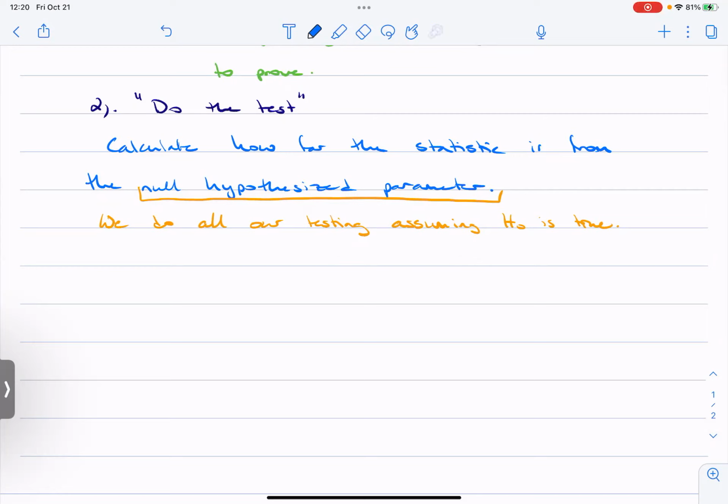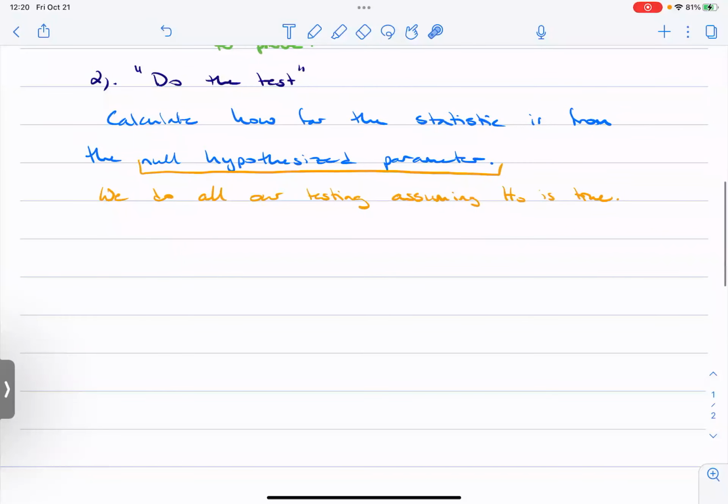So the reason I call it do the test is because when we do this, we're really calculating how far the statistic is from this null hypothesized parameter. So I'm going to generate what we call a test statistic. A Z-score is a test statistic that we can calculate, and we will calculate.